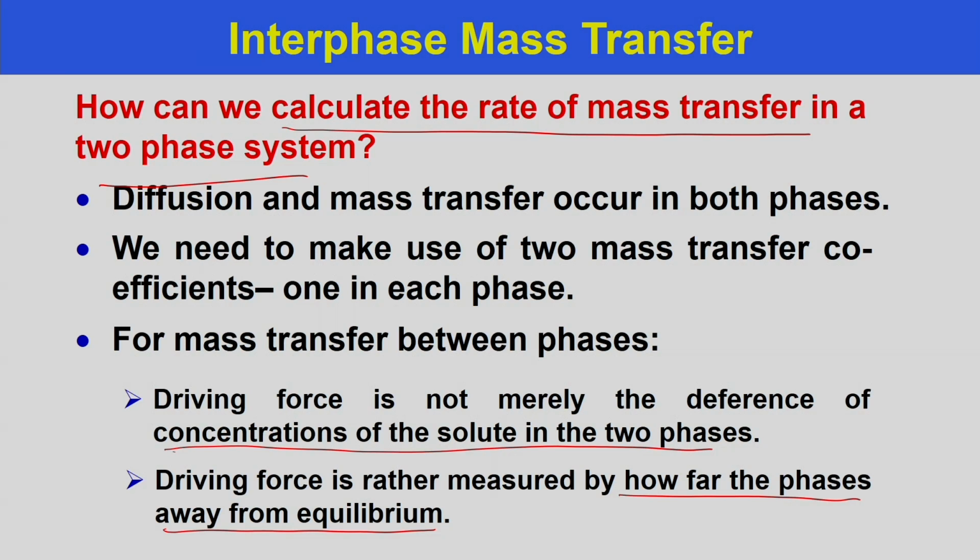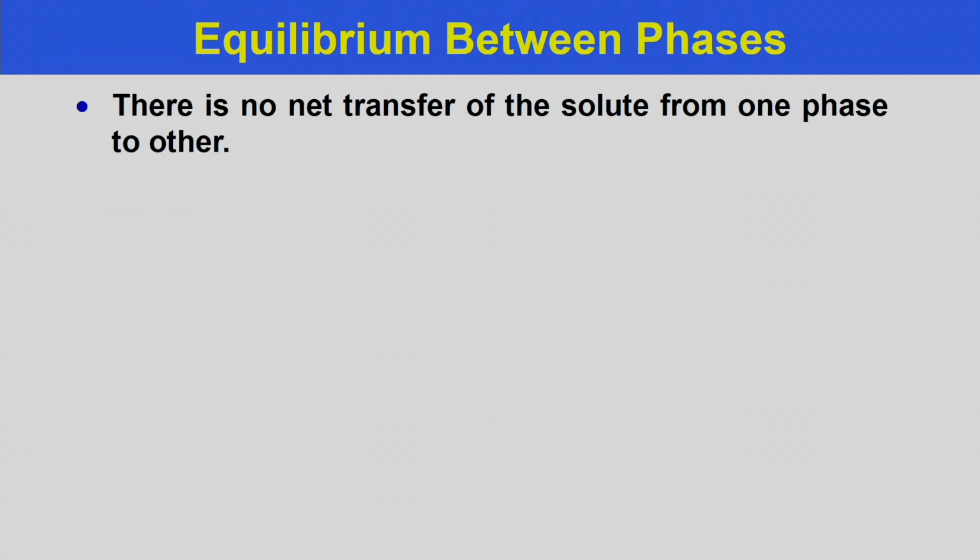So, we need to understand the departure from the equilibrium, and that departure will give the driving force for this mass transfer. So, we need to understand the equilibrium between the phases when there is more than one phase involved.